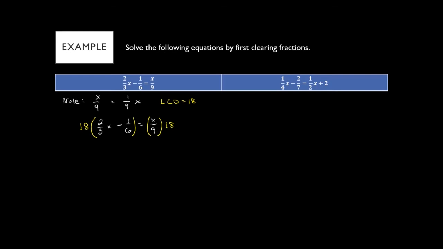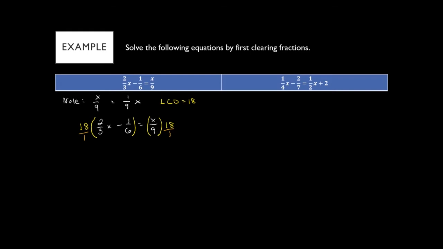When you're multiplying a whole number times a fraction, the numerators get multiplied by that whole number, because the whole number is 18 over 1. That's usually something people tend to mess up. So if it helps, you can write it as a fraction, so that when you multiply, you're multiplying the tops together and the bottoms together.